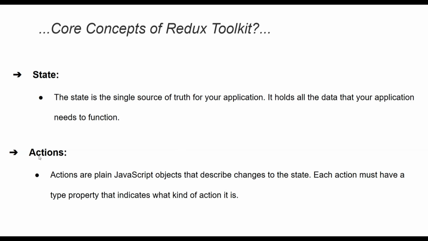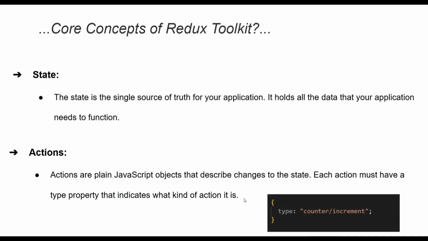So another thing to know about is actions. Actions are plain JavaScript objects that describe changes to the state of an application, right? Each action must have a type property that indicates what kind of action it is. For example, here's a piece of code that defines an action called increment.